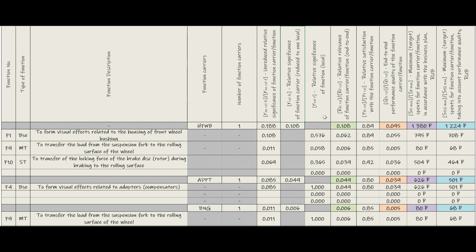Further, based on the given values of the significance of function carrier, or parameter marked relative significance of function carrier reduced to 1 local, the relative significance of function local is determined and entered in the corresponding column. Then, according to the formula for calculating relative importance, see the slide relative relevance, the column relative relevance of function carrier function end-to-end is filled in.